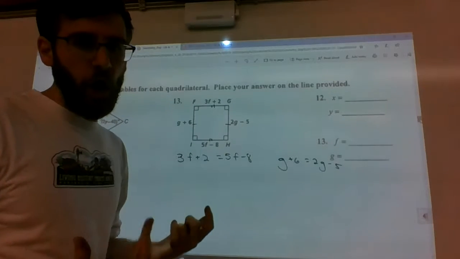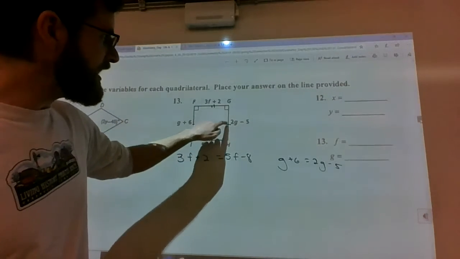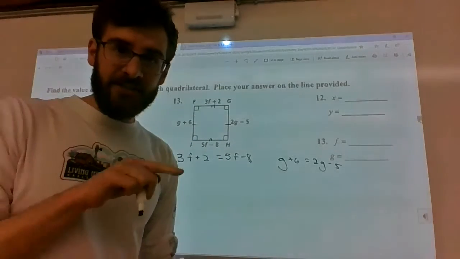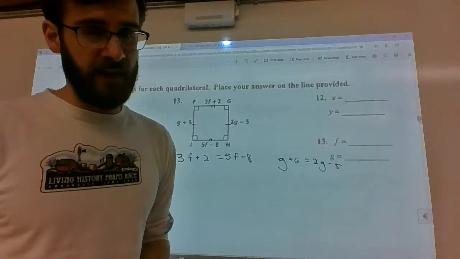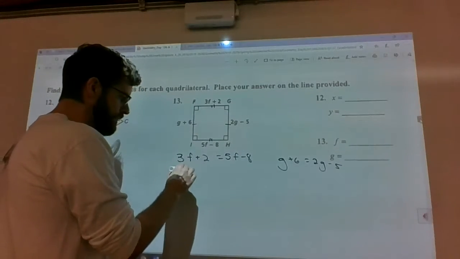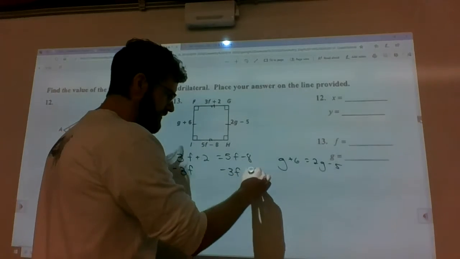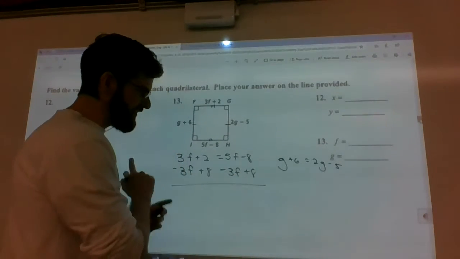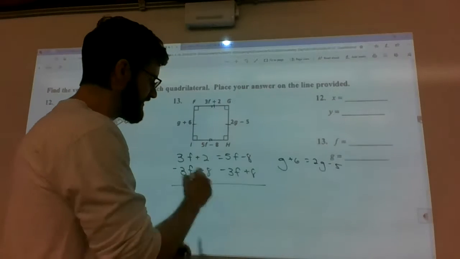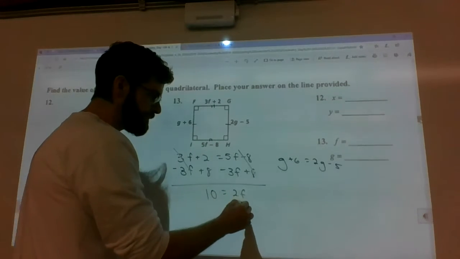They're not necessarily all congruent to one another, though. Don't assume that. Just because you got 4 90-degree angles does not mean it has to be a square. It could be a rectangle, which means that all of the sides are not the same. So use your basic understanding of solving equations. I got the f's to the right, the constants to the left, and I'm left with a pretty solid answer.